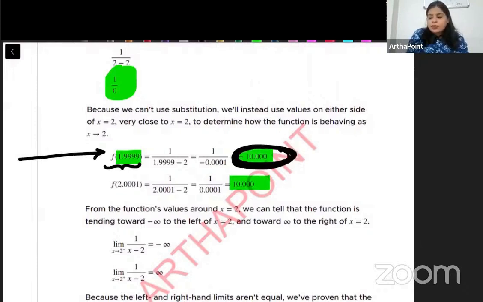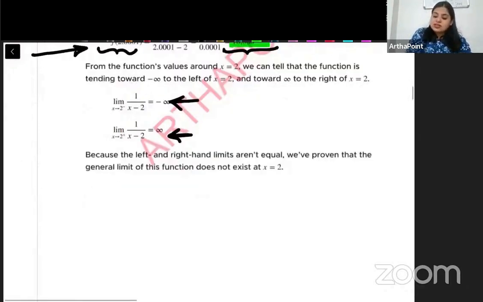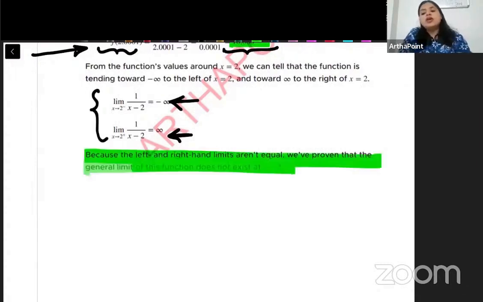And when I'm trying to approach 2 with any number greater than 2, close enough to 2, then I'm getting a very large positive number, right? So in one way, I'm approaching minus infinity, and from the other side, I'm approaching infinity. And because these limits are not equal, we can say that the limit does not exist.